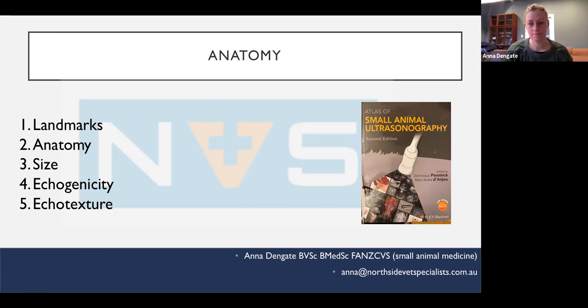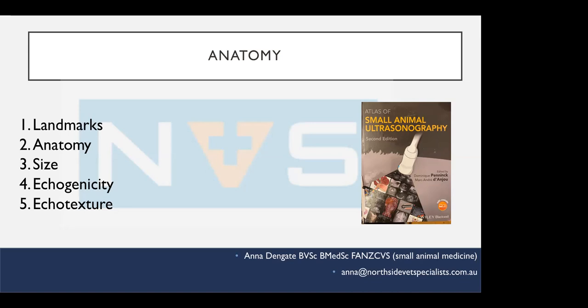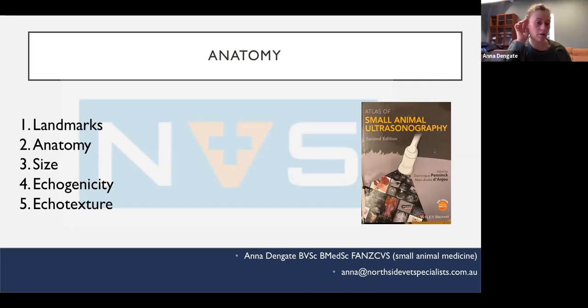I guess the texture's just the way it looks. Yeah, excellent. So it's either homogeneous, heterogeneous, so mixed, or sometimes nodular in texture. Normal texture is smooth, particularly for the liver. It shouldn't have mixed greys in it. It should all be the same grey.